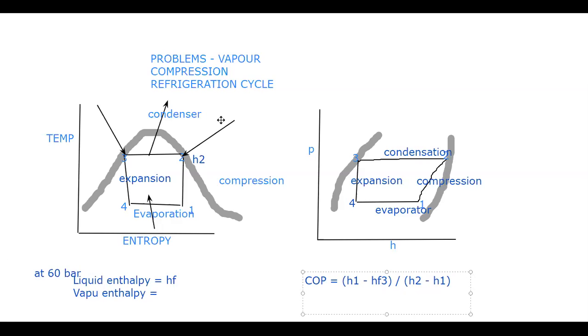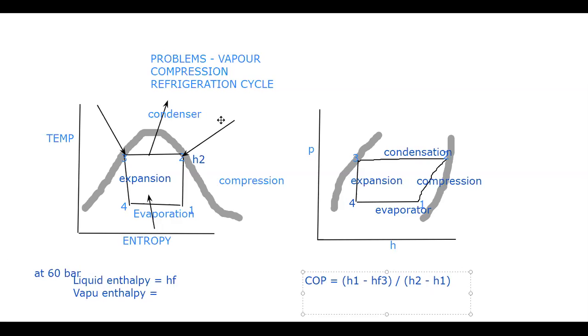So you have to calculate H1. What is H1? It is at 25 bar. H1 is equal to HF plus X HFG. There is one formula, right? H1 is equal to HF1 plus X1 HFG1.